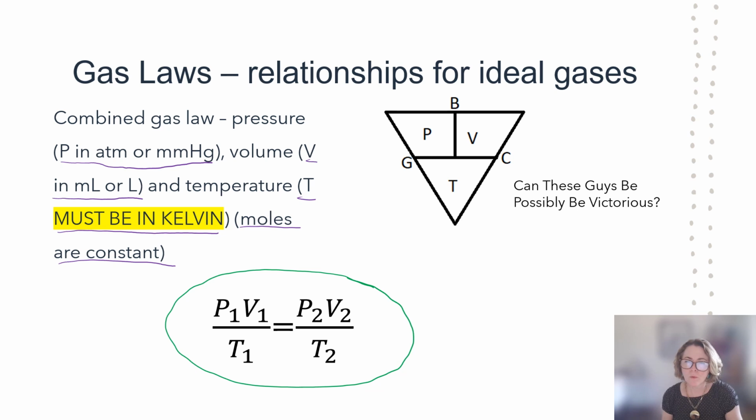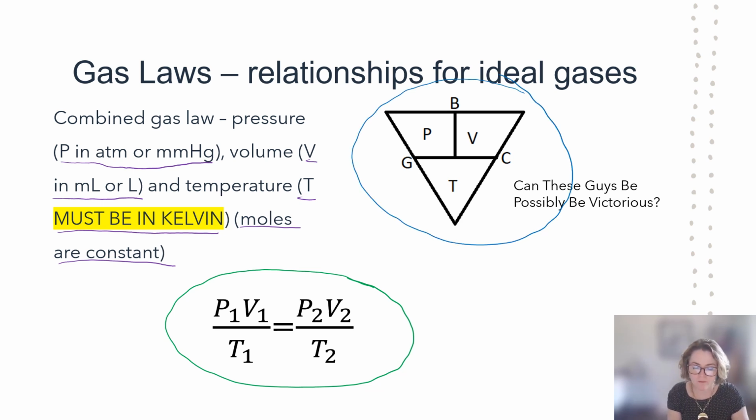Now, what we found is that the easiest way for students to remember this is to draw an inverted triangle where I have pressure, volume, and temperature. So PV over T, and then you just label it 1 and 2, for my first set of conditions and for my second set of conditions.